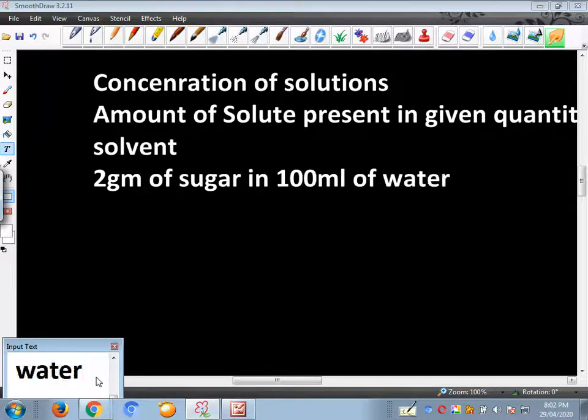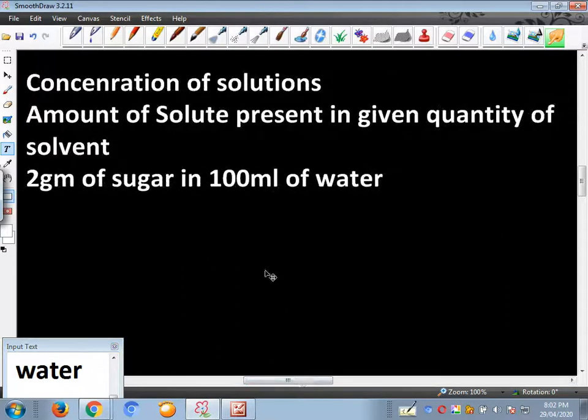Here we commonly say this as a sugar solution, which defines the amount of solute as well as solvent. According to the definition of concentration of solution, it is the amount of solute. Here the amount of solute is 2 gram. It is present in a given quantity. Here the given quantity is 100 ml of water. So the concentration of solution is defined as the amount of solute present in a given quantity of solution. Here we know the amount of sugar which is present in how much quantity of water.